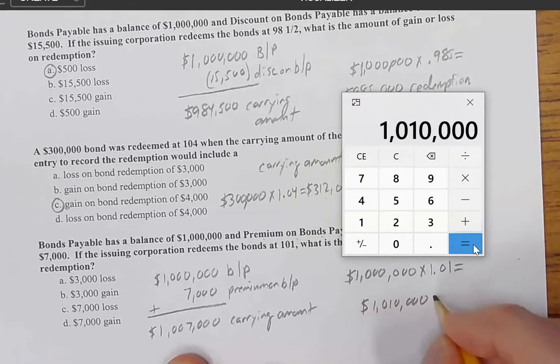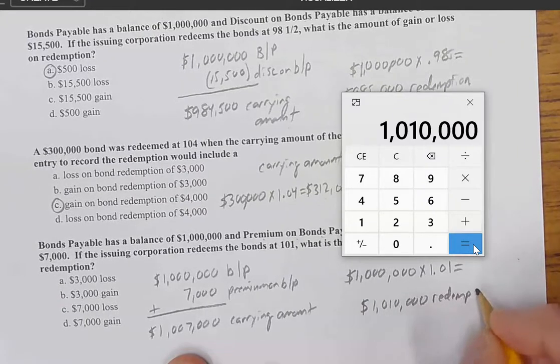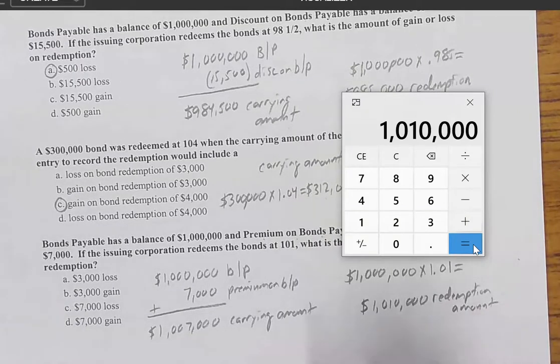And this is our redemption amount. Okay, so we got rid of bonds with a total carrying amount of $1,007,000. However, it cost us $1,010,000 to do so.